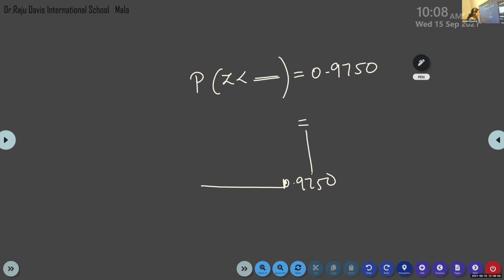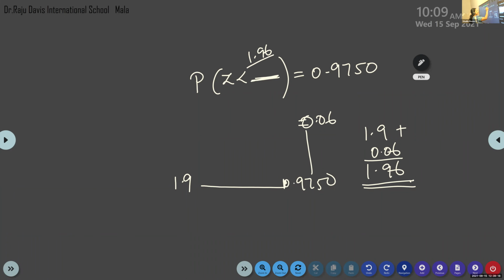Row is given as 1.9, and the column is 0.06. So when you add 1.9 plus 0.06, you'll get 1.96. So 1.96 is the value. Is it clear?